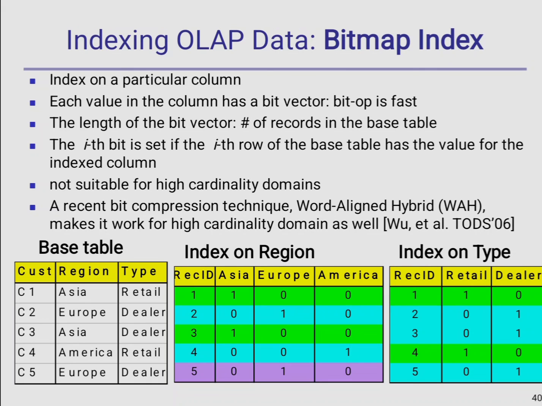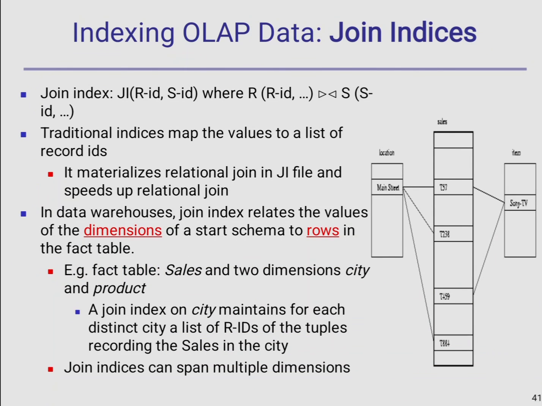When we have Europe, we set it to 1, and likewise for America. When we have that value, the bit is set to 1. When we have an index on type, we have retailer and dealer, and that is set to 1 whenever there is an entry for that information. Like this we have the bitmap index.